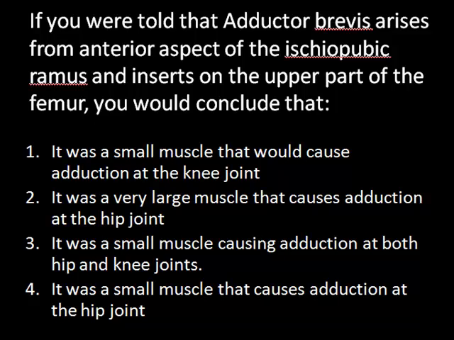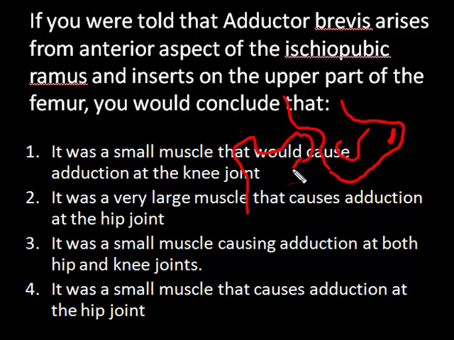Now let's see which joints it will act on. It arises from the anterior aspect of the ischiopubic ramus, which is part of the hip bone. So if you look at the hip bone up here, this muscle arises from the ischiopubic ramus. Let's draw the acetabulum, and here is the femur.